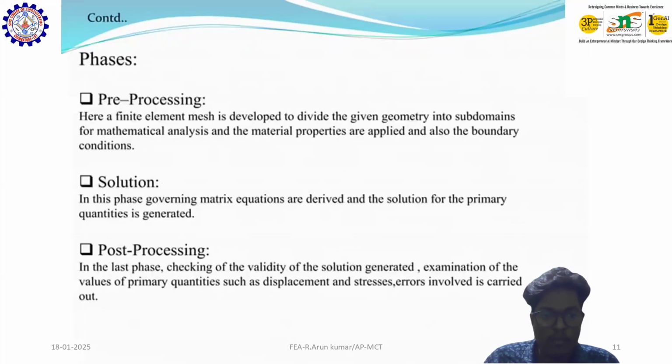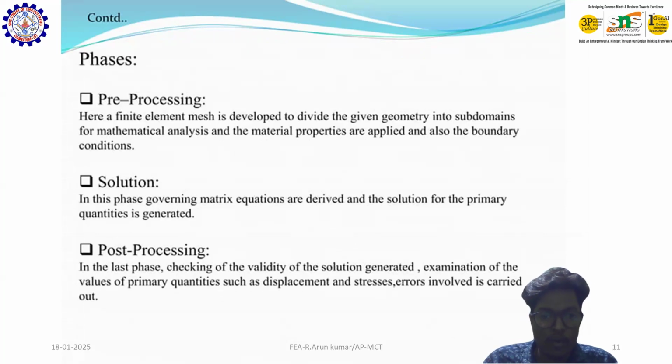So what are the primary phases we move forward with? In the last slide we discussed the steps we carry out for finite element analysis. Here there are three phases: pre-processing, solution, and post-processing. What are the steps for pre-processing? Here we create the finite element mesh.